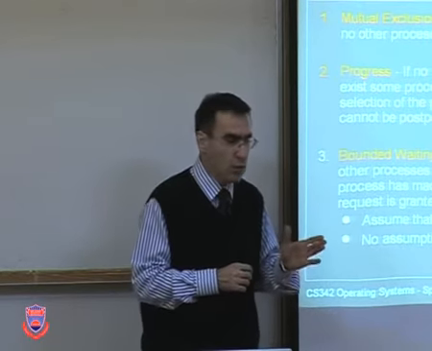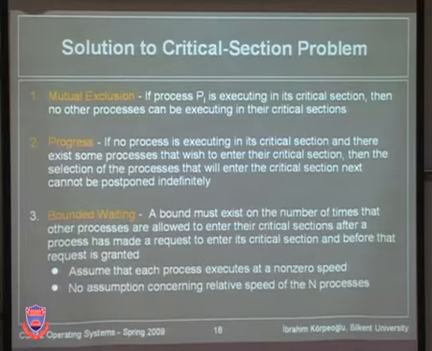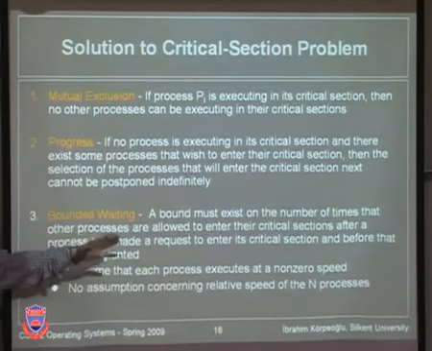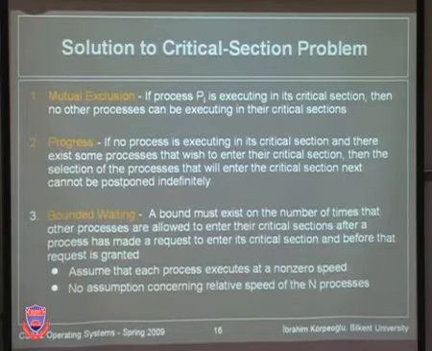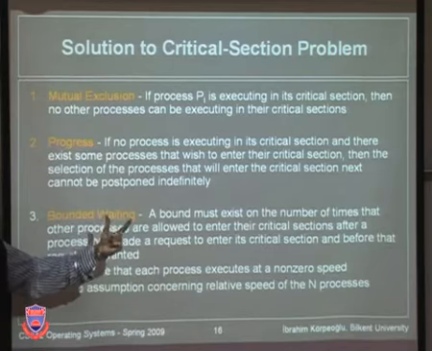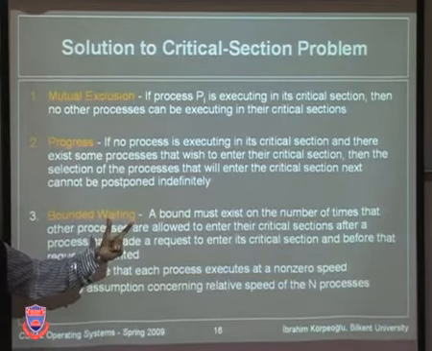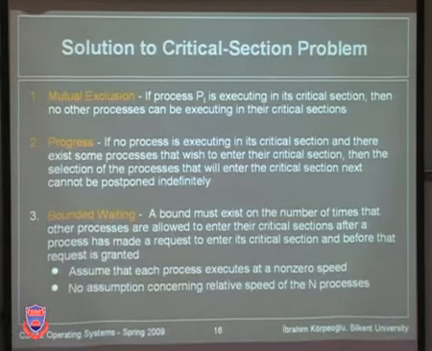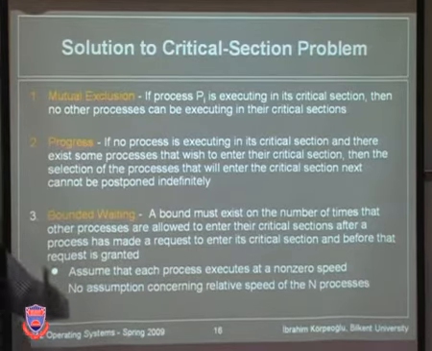And another issue is here. If I am a process that would like to share data with some other process, and I am entering the critical section and executing the critical section code, the other process should not be executing critical section code. But if I am executing something else in my remainder section, not touching the global variable, then the other process should be able to enter the critical section.